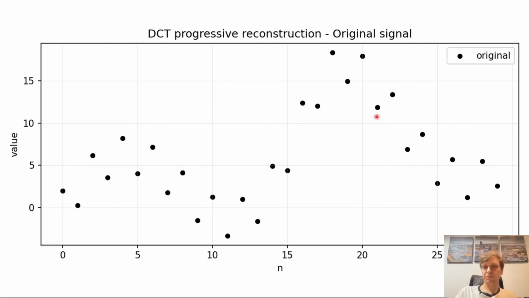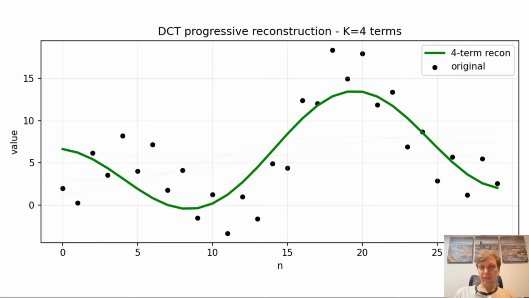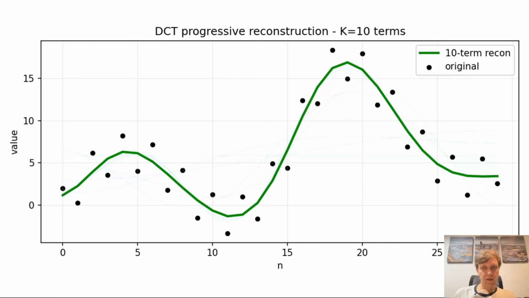I added it artificially, so it's probably not a very natural sequence, but let's look at how it works now. When we add 4 components, we have the general shape already represented correctly. When we have 10 of them, it's a pretty good fit, excluding these oscillations that we just discussed. But the problem is that even when we add another 10, so we move to 20, nothing changes too much.